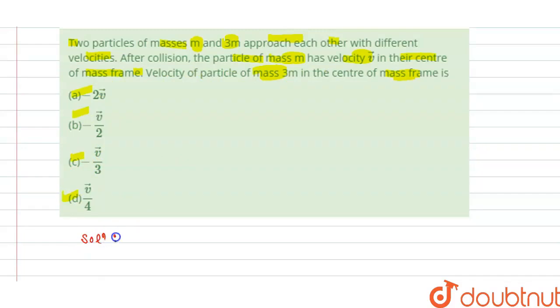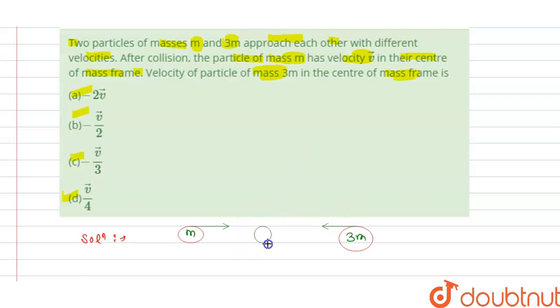So the solution of this question is, we have the mass m here and this is mass 3m. They meet here. If they are approaching each other, this must move in this direction and this is moving in this direction.